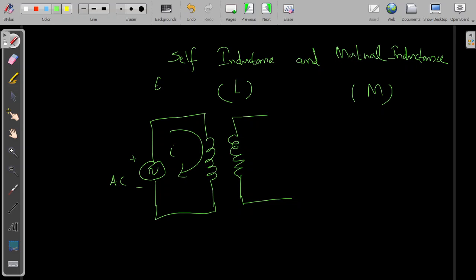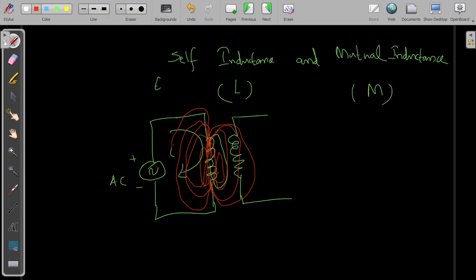Since I is flowing in this coil, this coil will produce magnetic flux, magnetic lines of force like this, and these lines of force will also link to the nearby coil, that is the second coil.